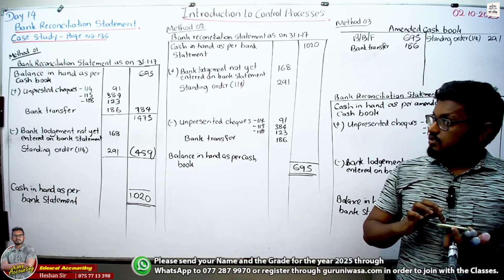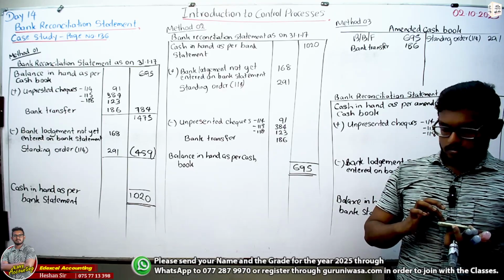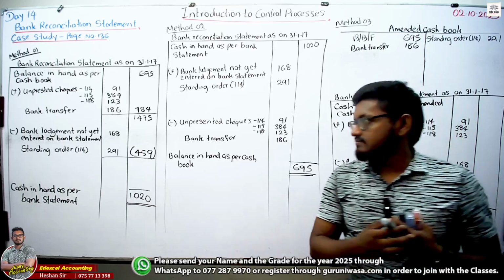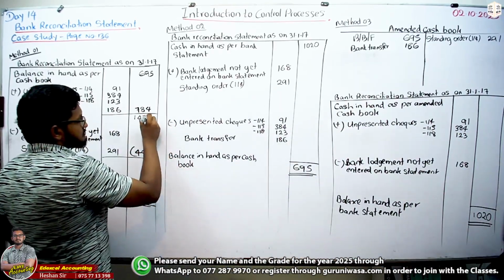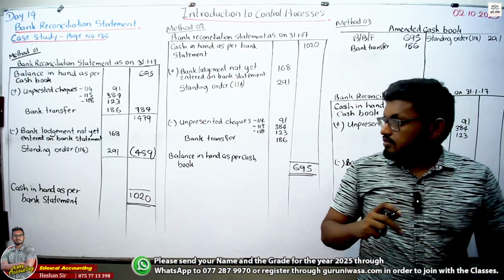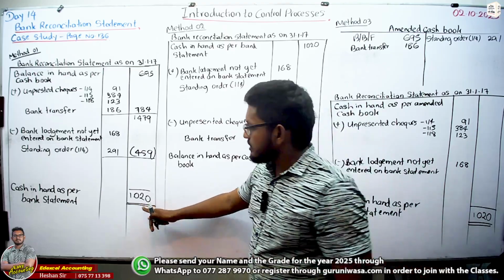How much? 784 minus 695. 1479. This one minus 459, which is 1020. We get the answer.